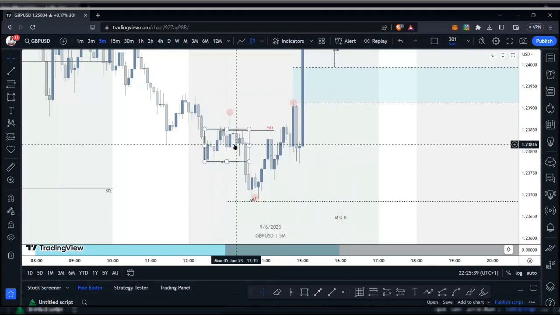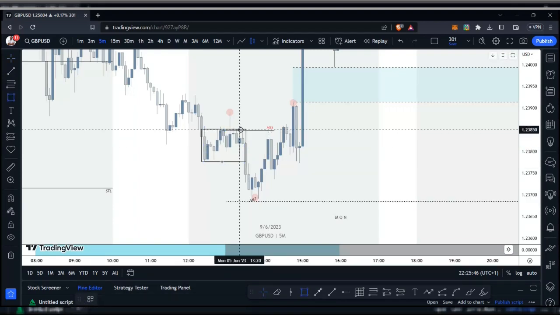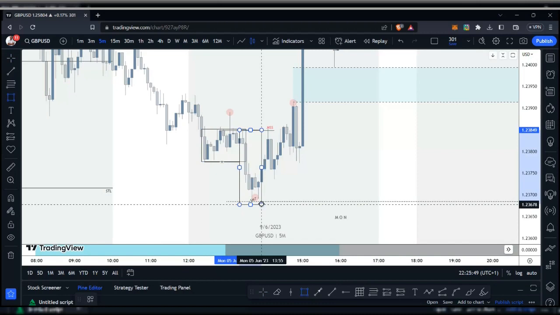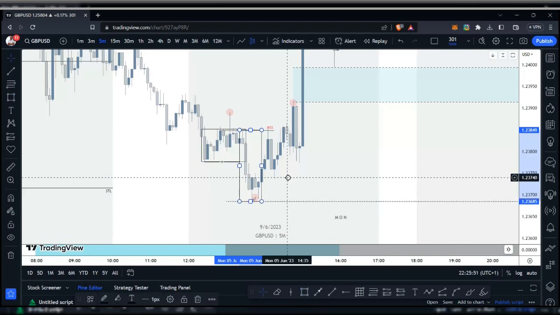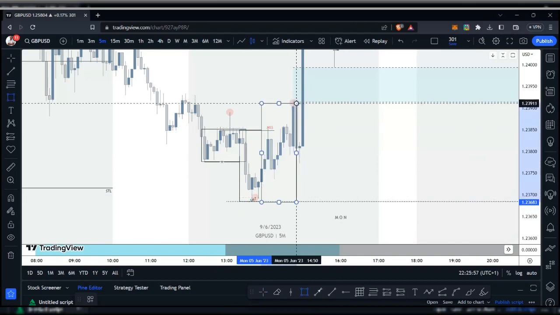So this is what? This is accumulation. And then the manipulated price, right? And then distributed. Does it make sense? Now, I haven't done that.